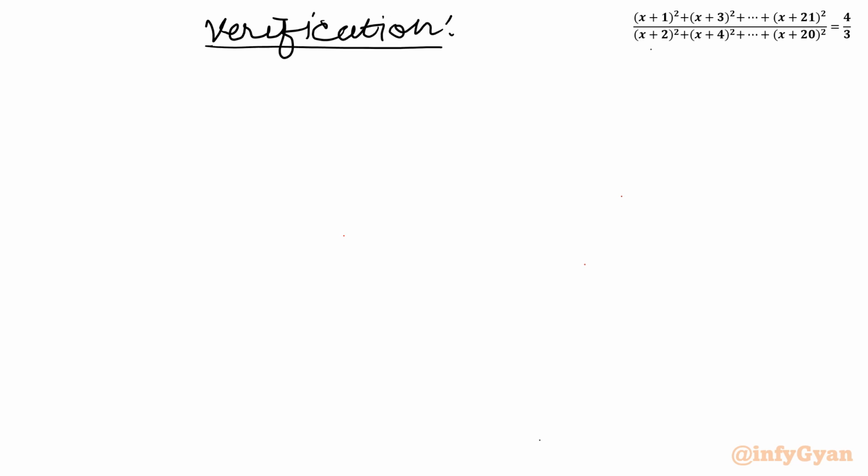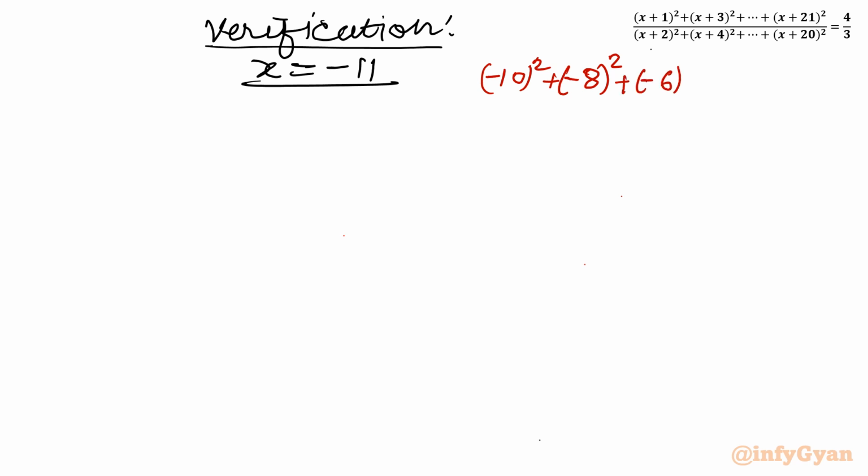Okay, let's put x equal to negative 11. It will give us minus 11 plus 1, so I can write in the numerator minus 10 whole square, minus 11 plus 3, so it is minus 8 whole square. Next number minus 6 whole square. And the last term, if I put, is plus 10 whole square.